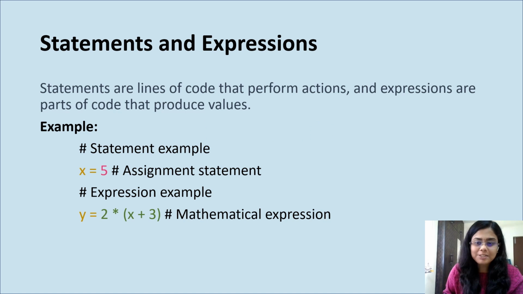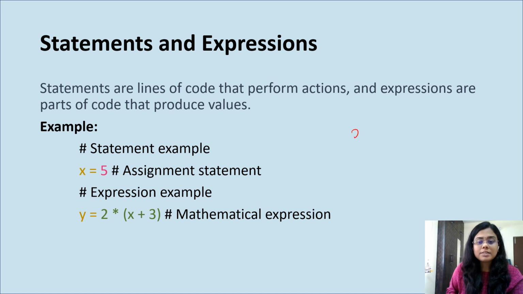First, we'll look at statements and expressions. Statements are lines of code which can perform actions, and expressions are parts of code that produce values. Here we see an assignment statement.